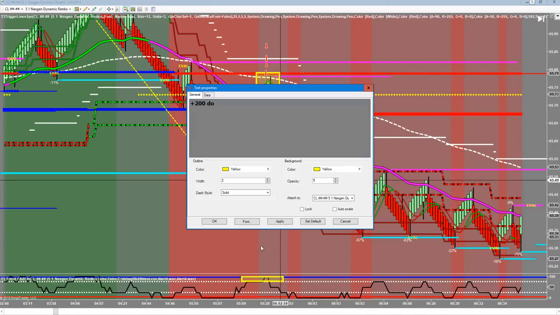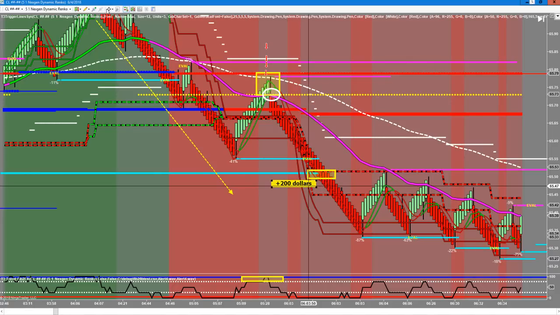Again, you have to ask yourself: was there enough, with the rules that we have and what the market actually did, to make $200? And the answer is yes. I think it's pretty easy to see that you could have very easily made $200. Technically, it went on to make about $400 before it ever turned.